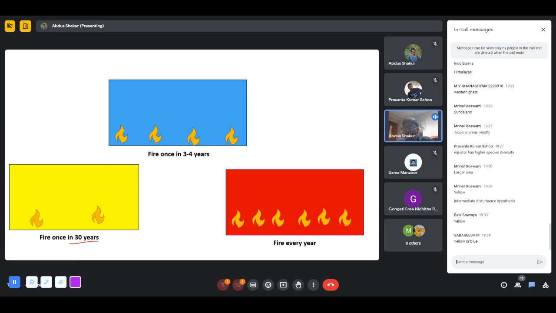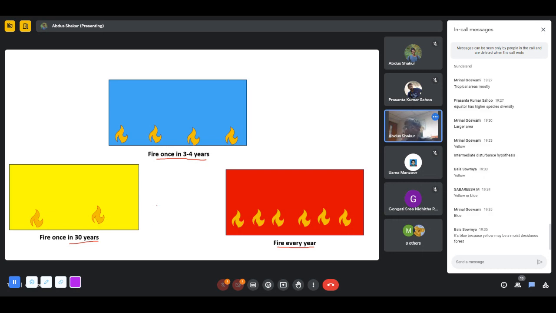The fire does not happen very frequently, compared to here, where fire happens every year. And once in 3 to 4 years is intermediately frequent. So blue is intermediate frequency, versus high frequency fires or very rare fires.